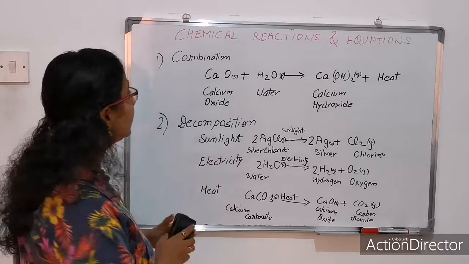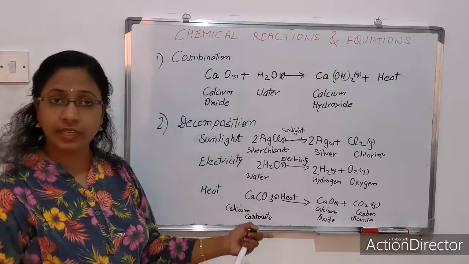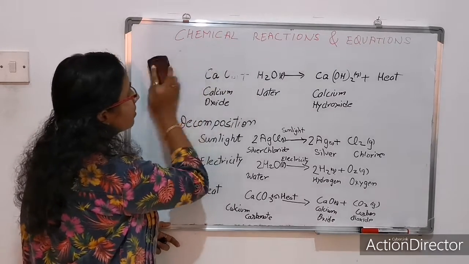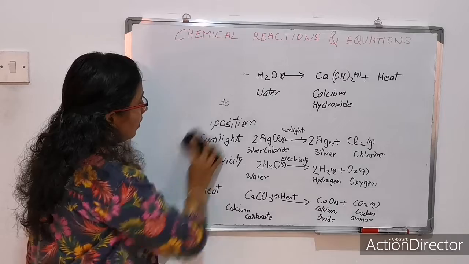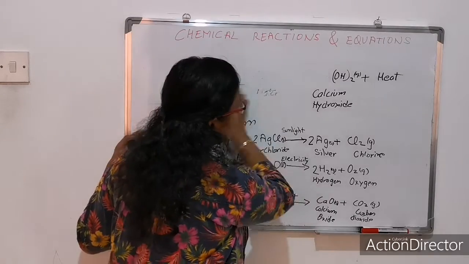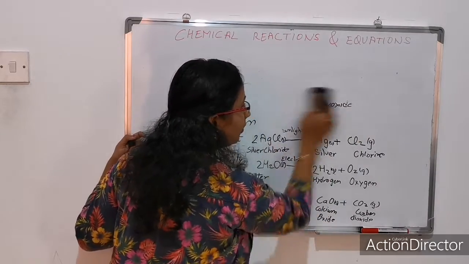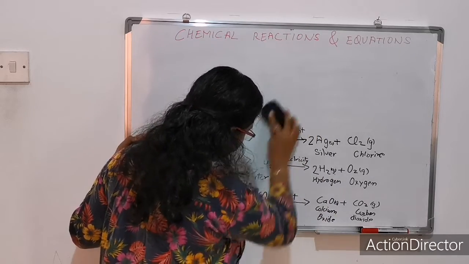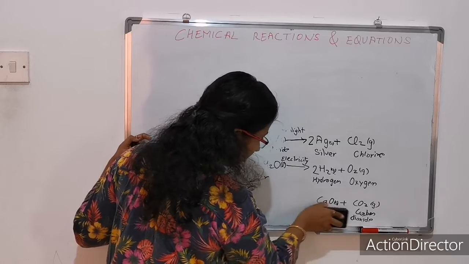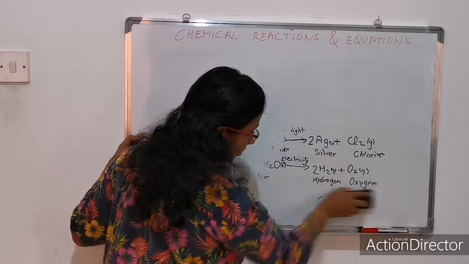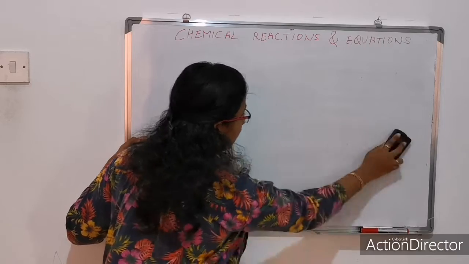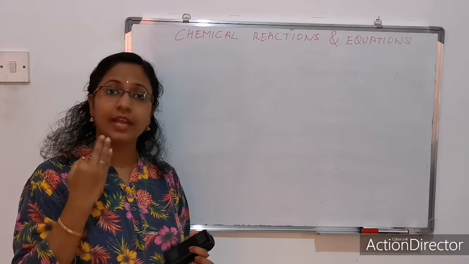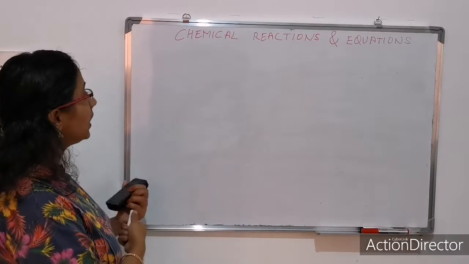Now we'll go for the displacement. This is all okay? So this gives us combination, decomposition, endothermic, exothermic. Now we'll go with displacement. Displacement is of two types, single and double.